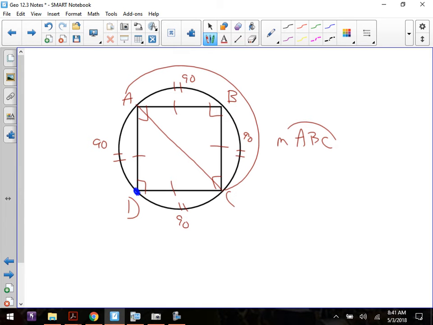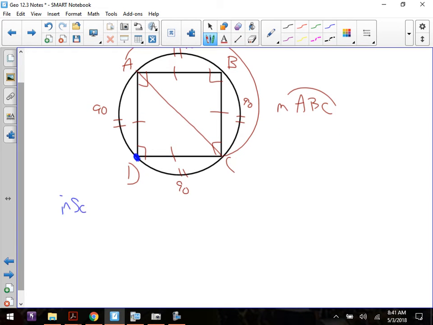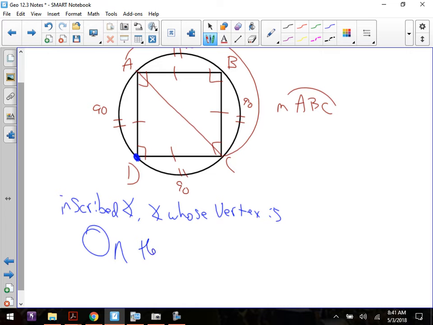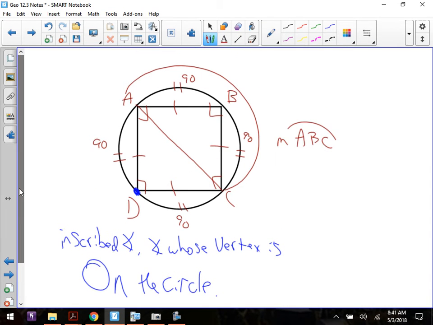An inscribed angle is an angle whose vertex is on the circle. Okay? It's exaggerated for importance.